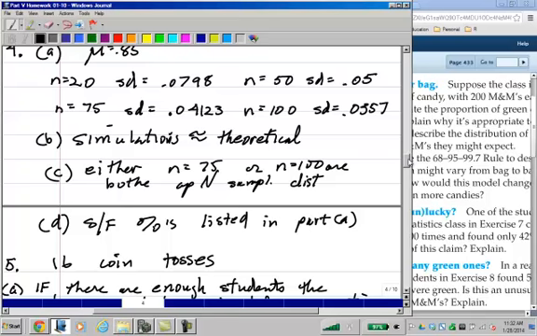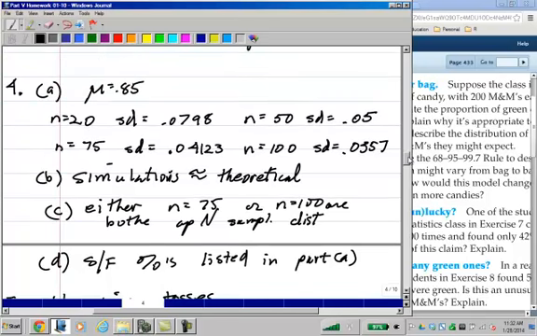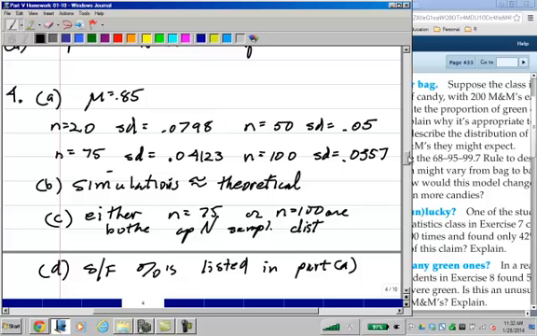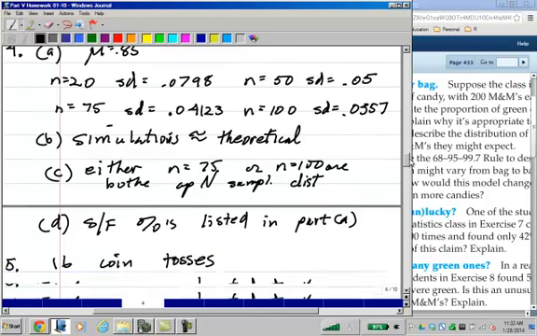And the success-failure conditions are listed in Part A. Actually, I didn't list them in Part A. I must have done that earlier. Well, anyway, let me put those in very quickly here.